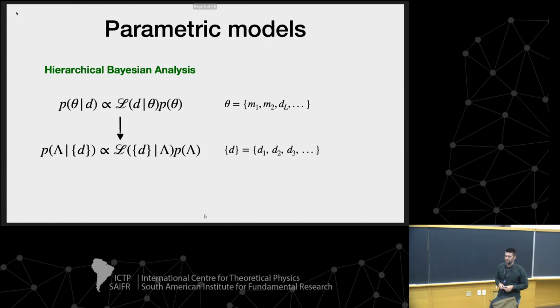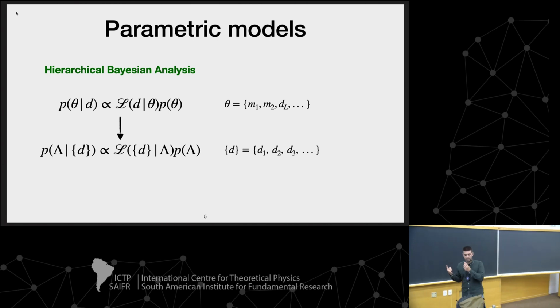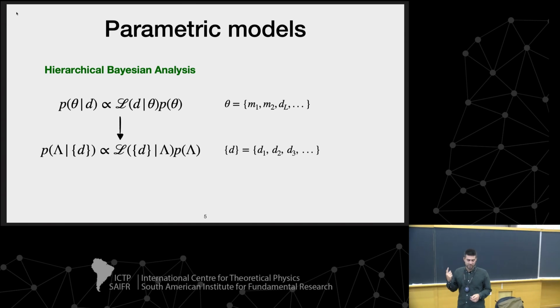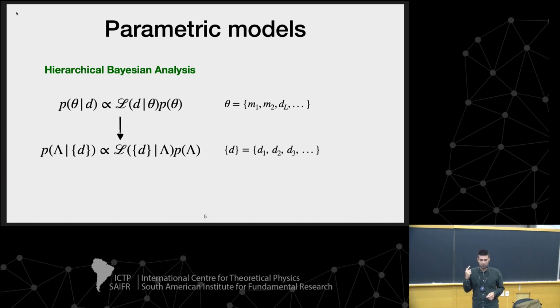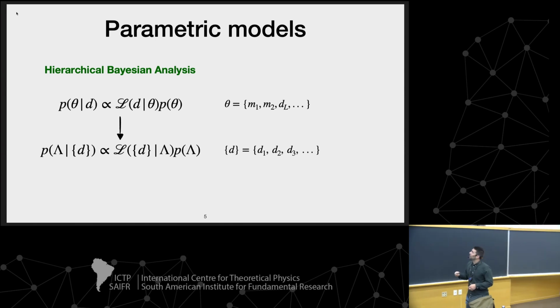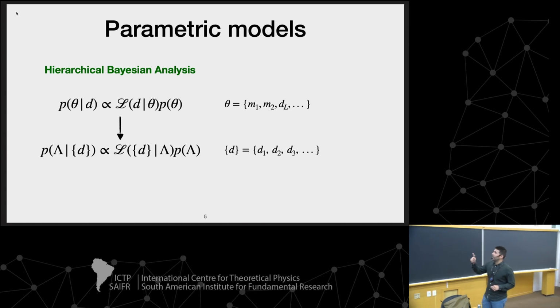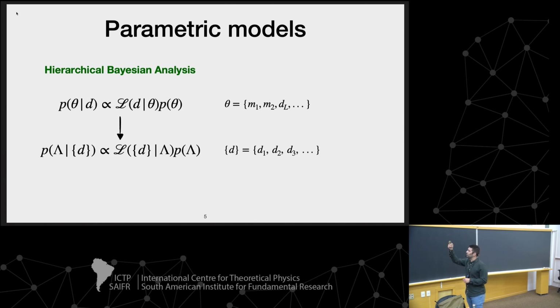And the way we do that is by hierarchical Bayesian analysis. So in the first equation, you see the posterior probability distribution of one single source. So P of theta given the data is what I showed you yesterday, that you know very well, where you have the likelihood of the data and the priors.